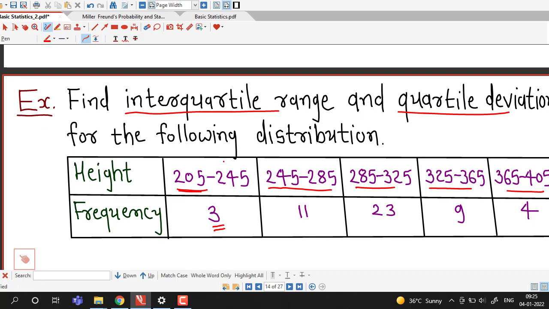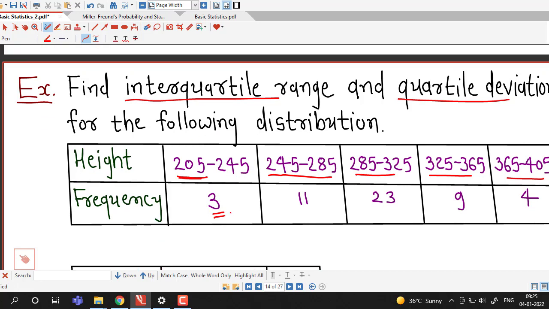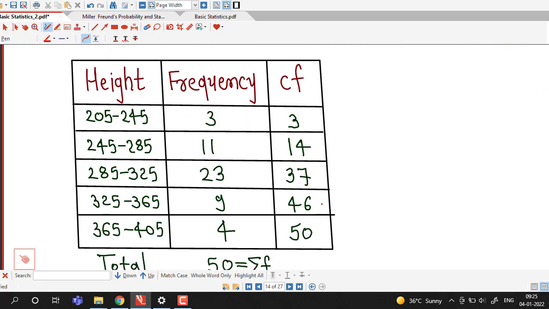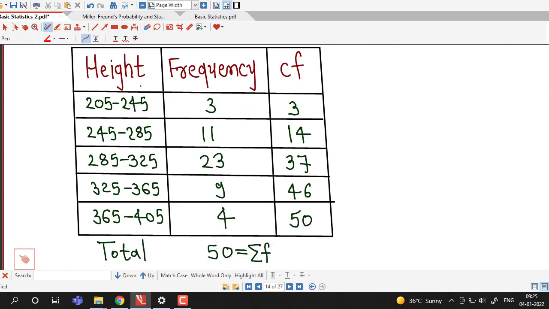To find out first quartile, first we have to find out sum of all the frequencies, and then we have to write down cumulative frequencies. So I have prepared this table. These are the classes, corresponding frequencies and cumulative frequencies.